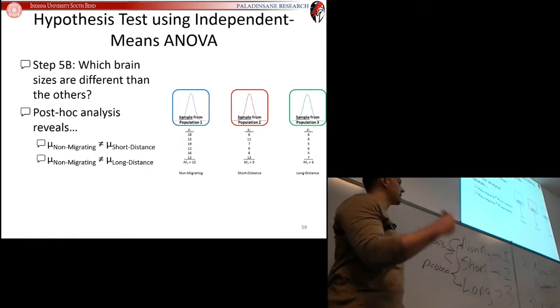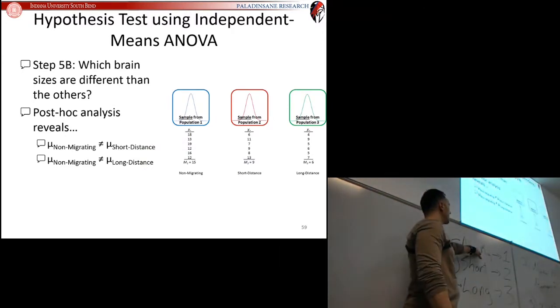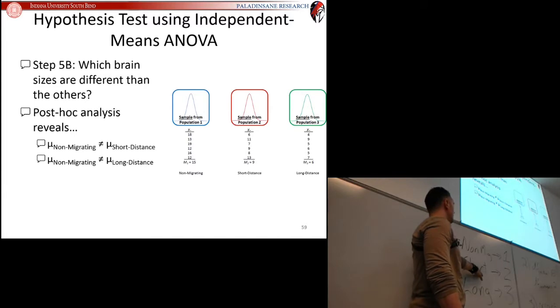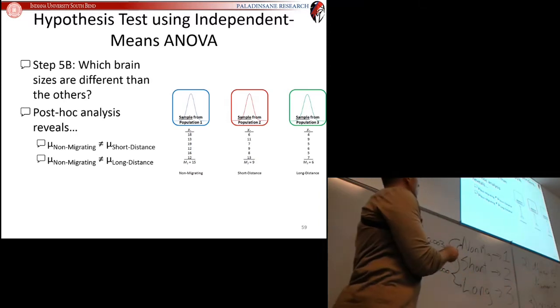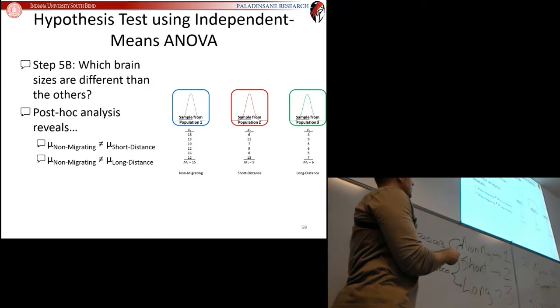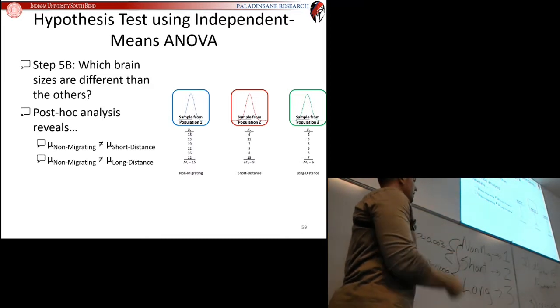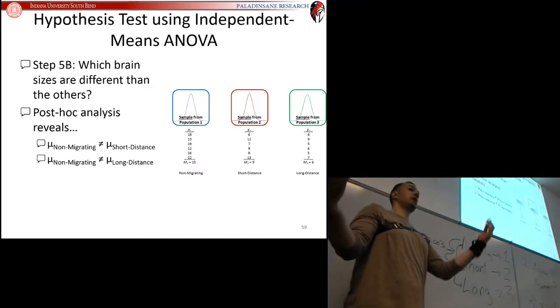So in that case, we now know that in addition to non-migrating birds having larger brain sizes than short distance migrating birds, non-migrating birds also have larger brain sizes than long distance migrating birds. So non-migrating birds were different to 2 populations. Are all 3 populations different?